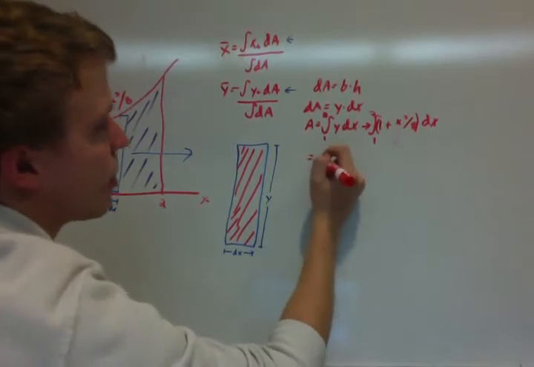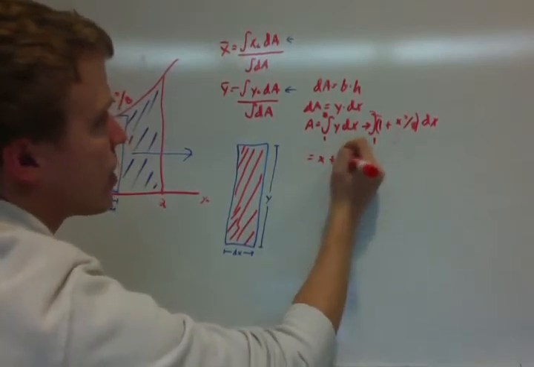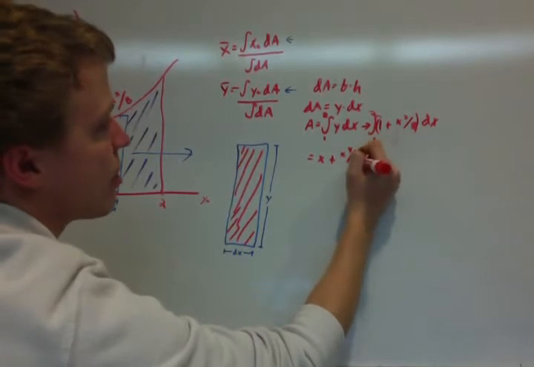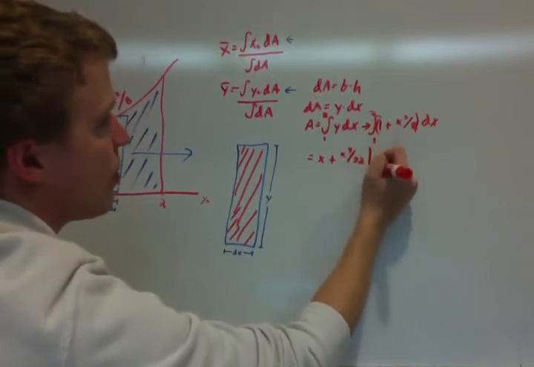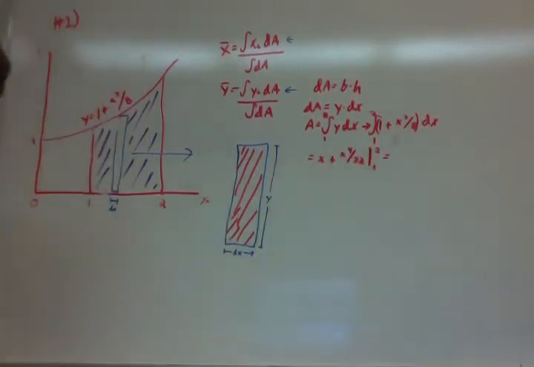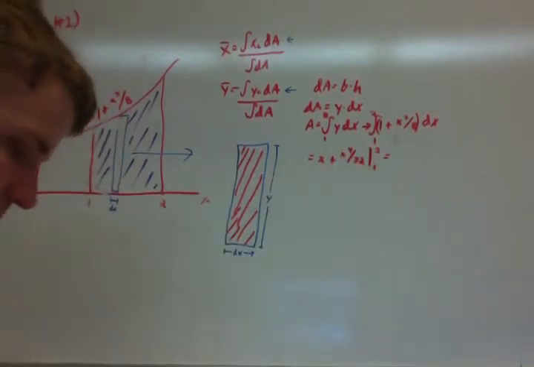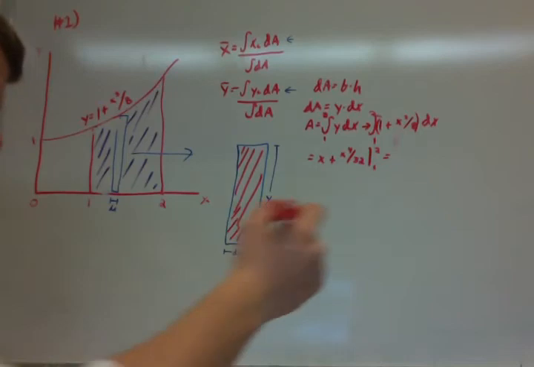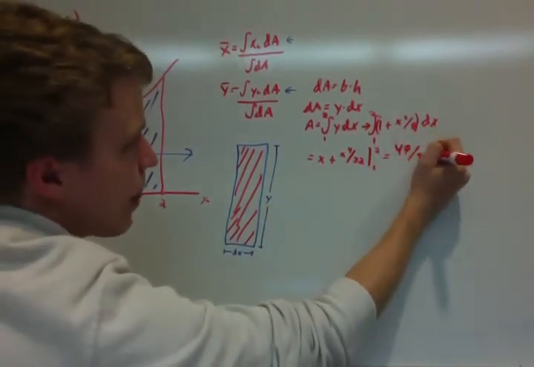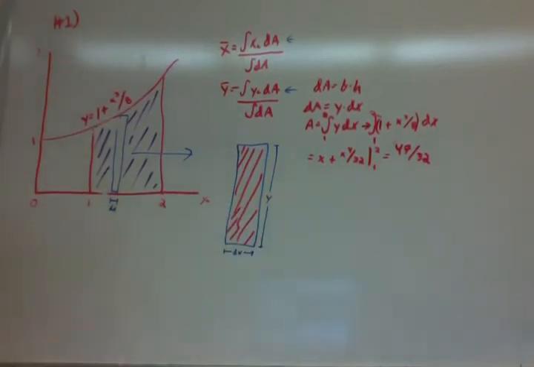So this equals x plus x to the 4th over 4 times 8, which is 32. We're going to do that from 1 to 2. If you solve this out, you end up with 47 over 32. Hopefully you guys can read that. I'm sorry if you can't. So we end up with 47 over 32.